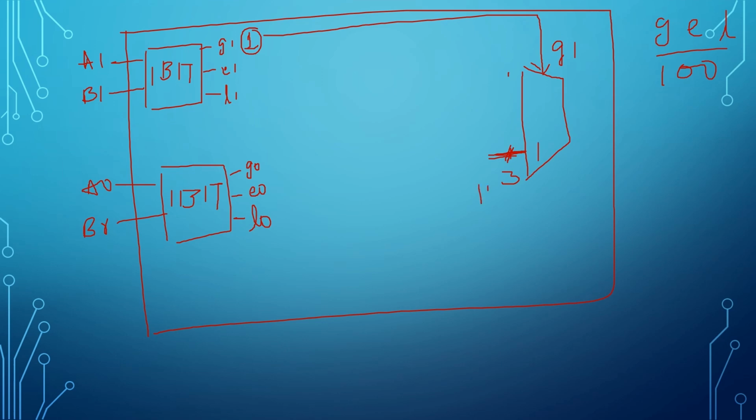If G1 is 1, we will get 100, which I am writing as GT, EQ, LT. That means greater than becomes 1, EQ becomes 0, LT becomes 0.